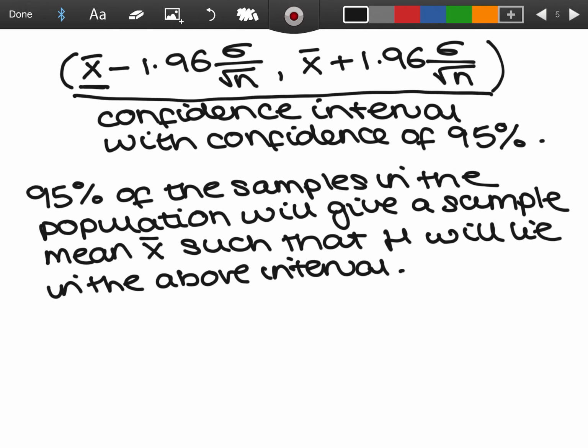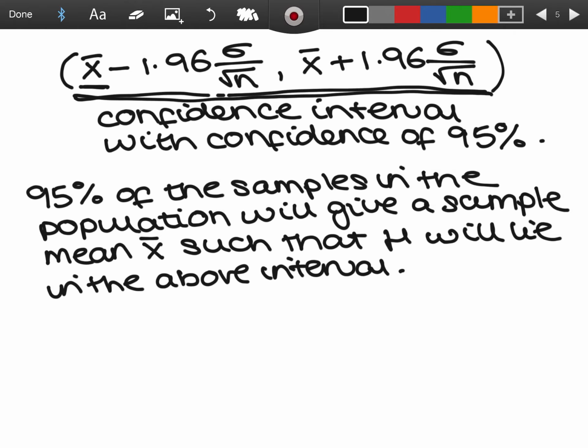So the less confident you want to be, the smaller the interval will be, and it will give you more of an idea of where that population mean should lie, but you're just not going to be as confident that the population mean is contained in that interval. So the more confident you want to be that this interval contains the population mean, the larger this interval will be.